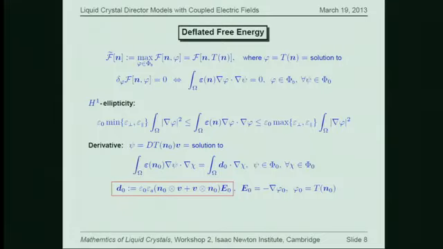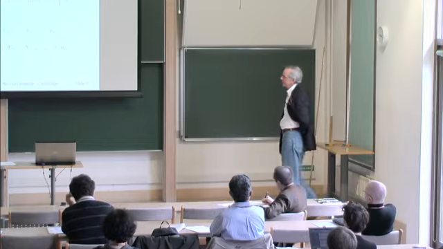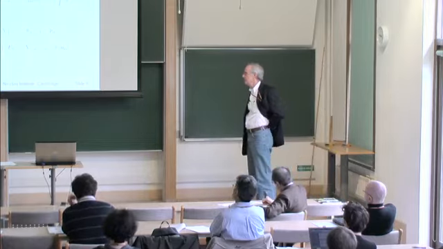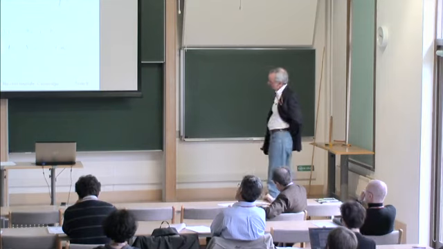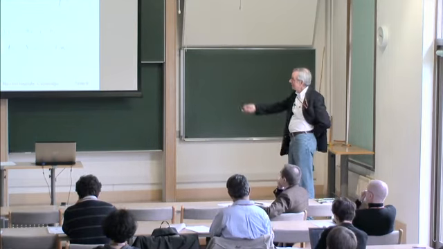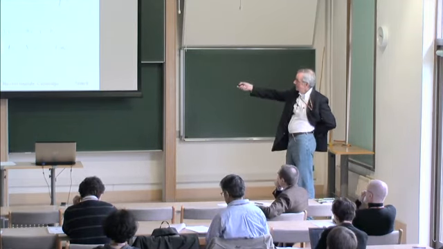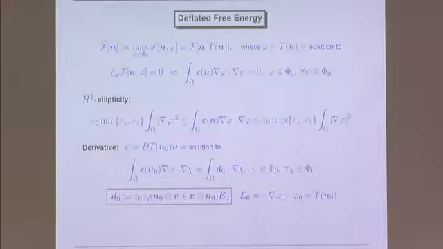The other thing that I need to do is, if I'm going to look at the changes in the electric field that accompany changes in the director field to assess stability, I need essentially the derivative of this T operator. It's a global derivative, Frechet derivative. So I denote it as dt.